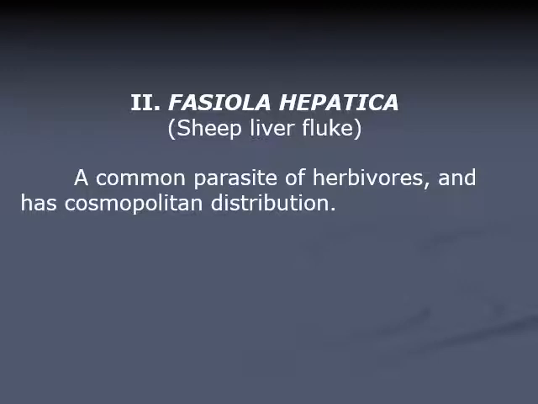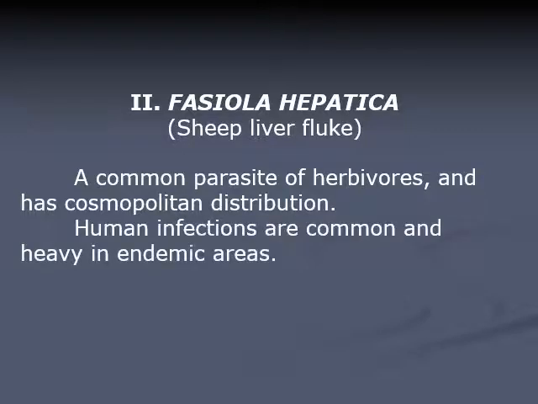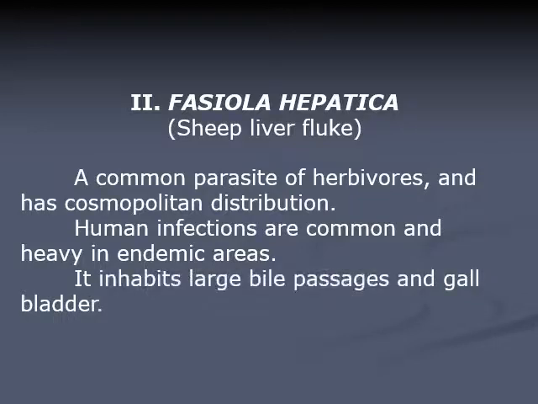It is a common parasite of herbivores and has cosmopolitan distribution. Human infections are common and heavy in endemic areas where there are animal raising grounds. It inhabits the large bile passages and the gall bladder.